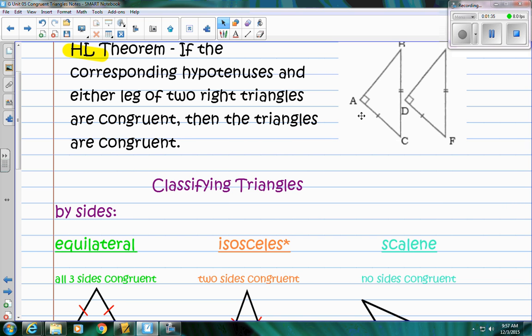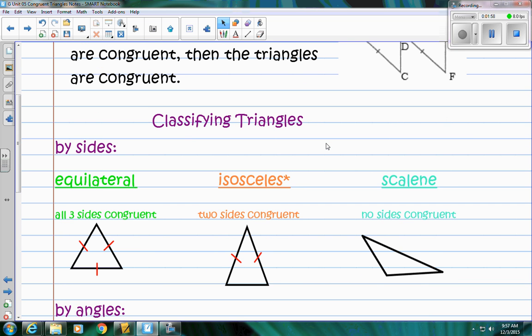So again, this will not work on triangles that aren't right. It will only work on right triangles. However, a right triangle can be congruent by any method besides HL as well, because those theorems and postulates work on any triangle. So let's review real quickly the types of triangles that we have.